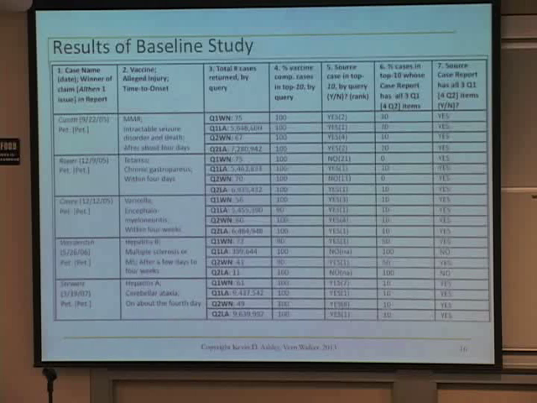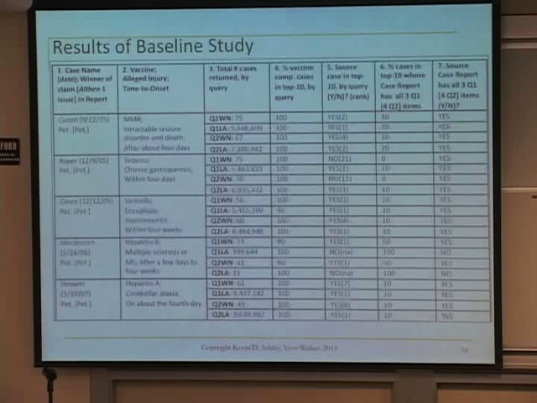The fourth, the percentage of the cases in the top 10 retrieved that were actual vaccine compensation cases. The fifth, whether the source case itself was in the top 10 by the query. The sixth, the percentage of cases in the top 10 whose case report had all 3 elements of query 1 or all 4 elements of query 2.